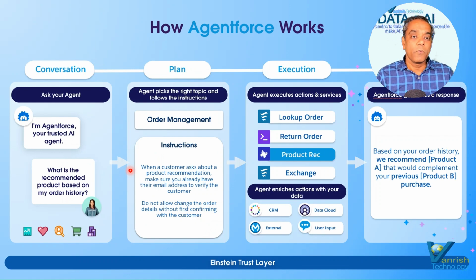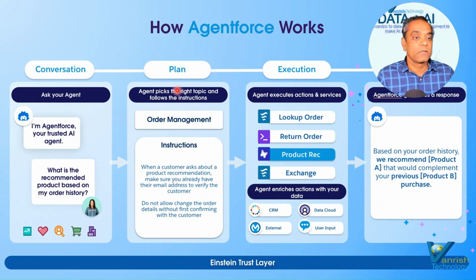So in the overall picture, how Agentforce works is, first you start with a conversation, asking your agent what you're looking for. I'm Agentforce, your trusted AI agent. What is a recommended product based on my order history? You ask a question, then based on that it goes to the plan phase, where it goes to the order management system. There the agent picks the right topic and follows the instruction.